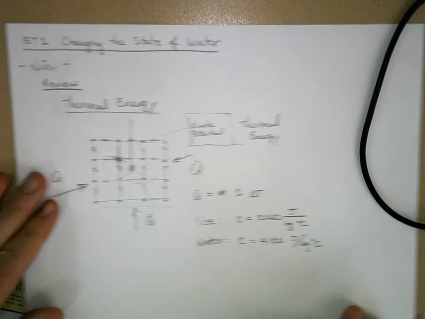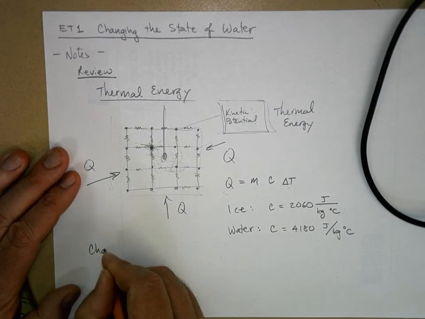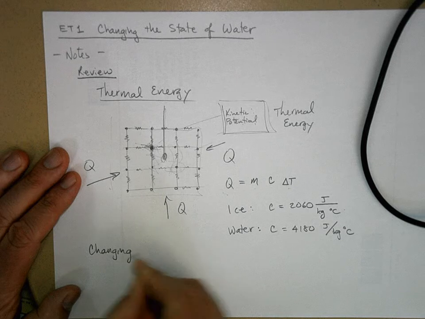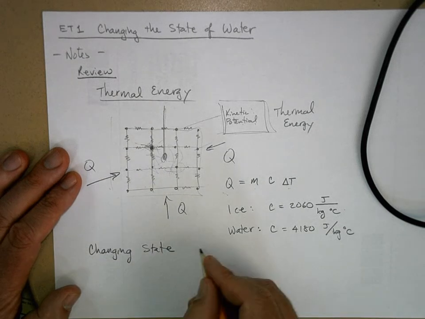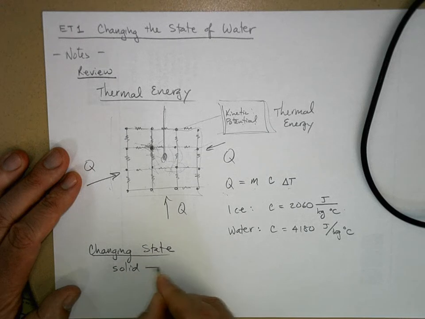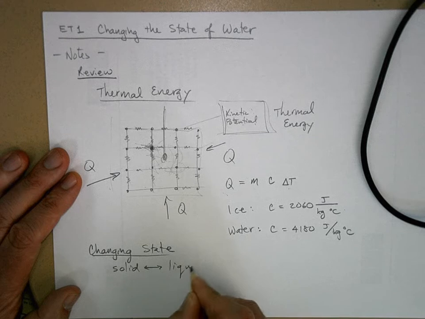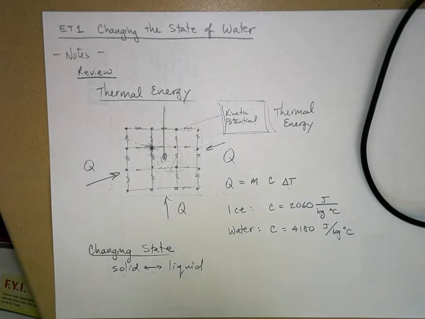And this is what we call changing state. When you change the state of something, you go from a solid to a liquid. If you go from a solid to a liquid, we call that melting. If you go from a liquid to a solid, we call that freezing.